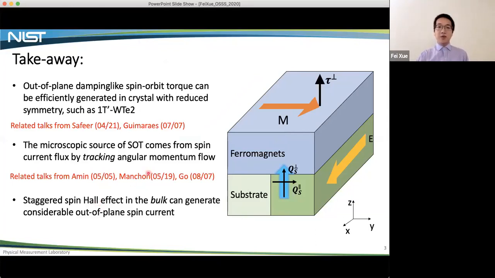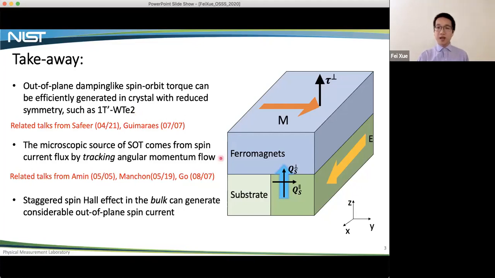There are three important messages I want to convey in this talk. The first one is that we demonstrate, in first-principles calculation, there can be a considerable out-of-plane dampinglike spin-orbit torque generated in the crystal. The example we use here is 1T prime tungsten ditelluride.